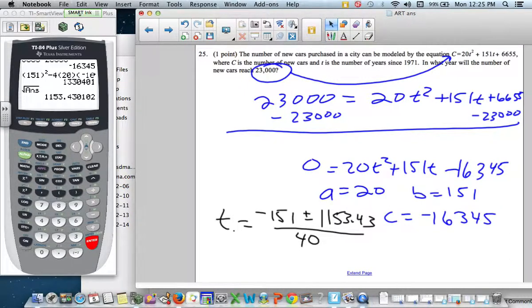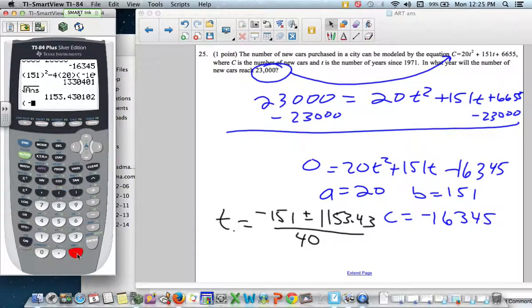So now to get my two answers, I'm going to take negative 151 plus 1,153.43 all over 40. To get my other answer, I'm going to do the same thing, except change the plus sign to a minus sign.